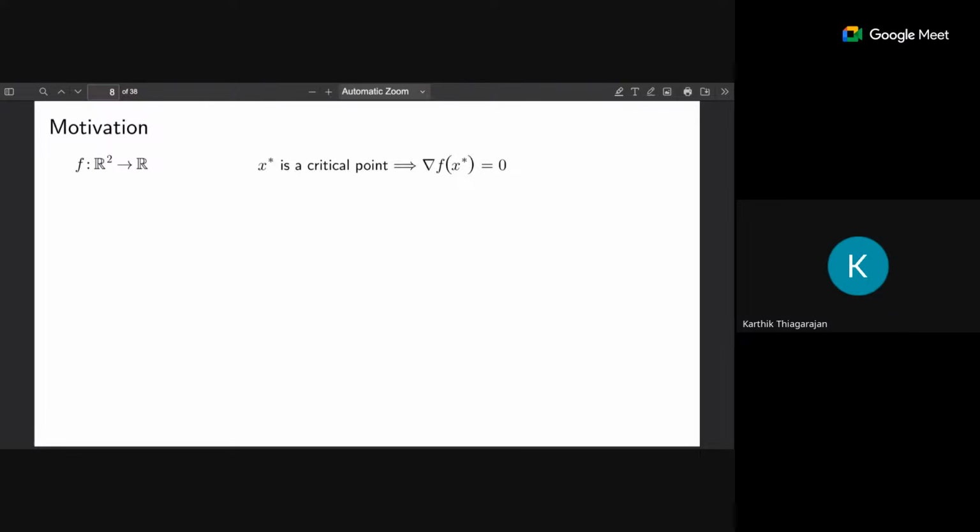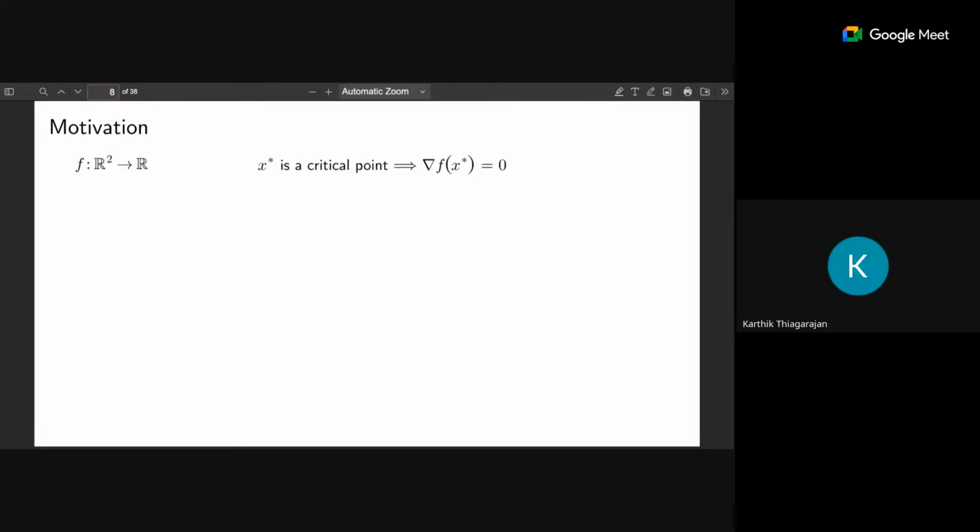Your gradient will come in, and there will be one more term, a second order term. That is not as simple as finding the double derivative.